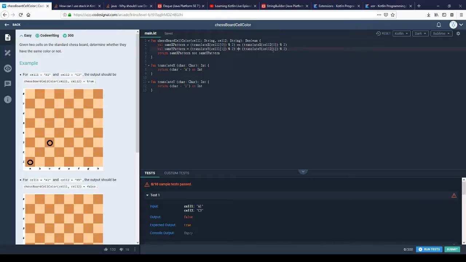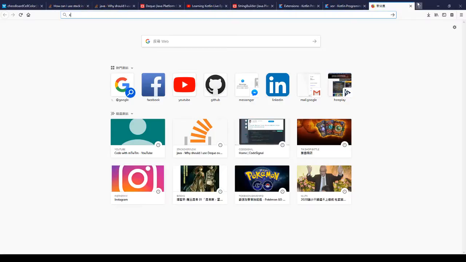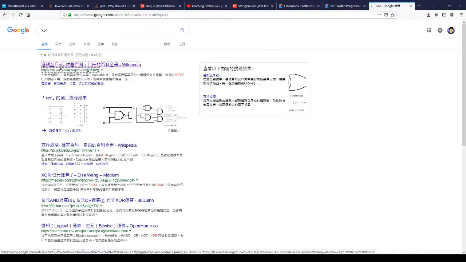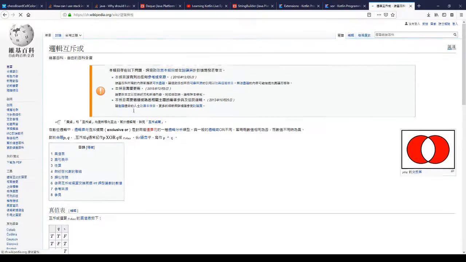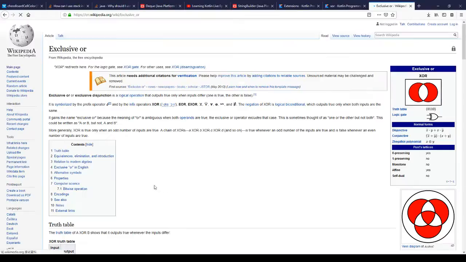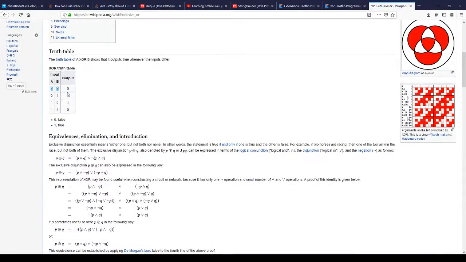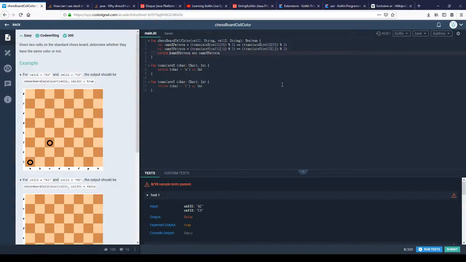X0 Y1 X0 Y1. So is XOR returning... did I forget the operation of XOR? So it's 0 0. Oh, really? Okay, so it's actually not the same XOR.